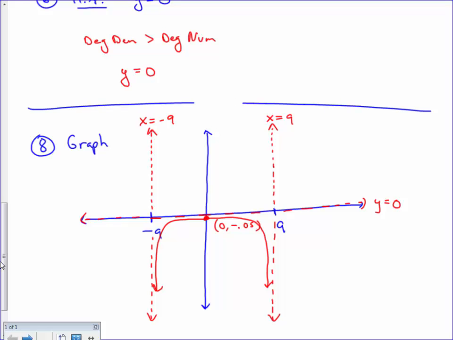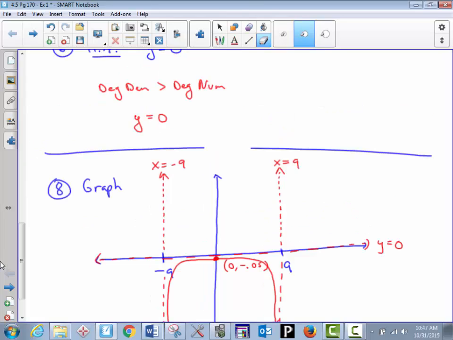Now, to figure out which of the other pieces I'm in, I really would need to use a graphing calculator. So let's go to the calculator. The first thing I want to make a note of is if you are graphing using your graphing calculator, make sure that whatever you enter into y1 has parentheses around the top and the bottom.